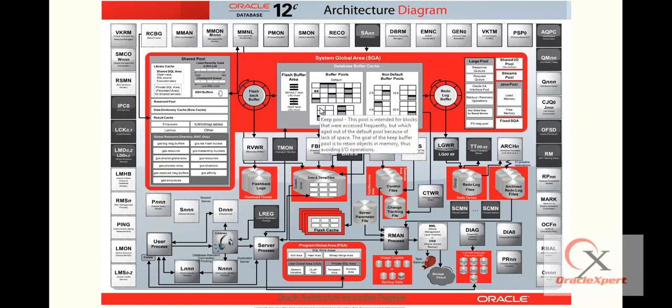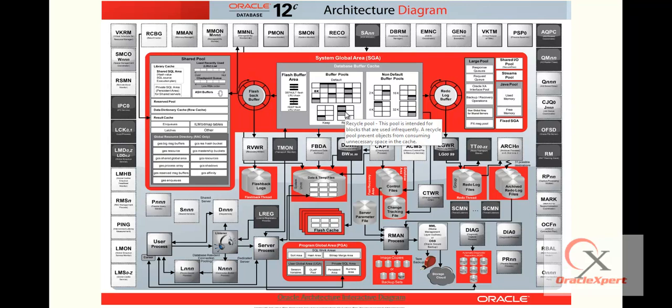So assume that you have insufficient RAM. The more the RAM, the more Oracle data blocks you can retain in memory. But given the restriction on the amount of physical RAM that you have installed on your machine, you might want to use SSDs, the solid state storage devices, as an extension to your database buffer cache.